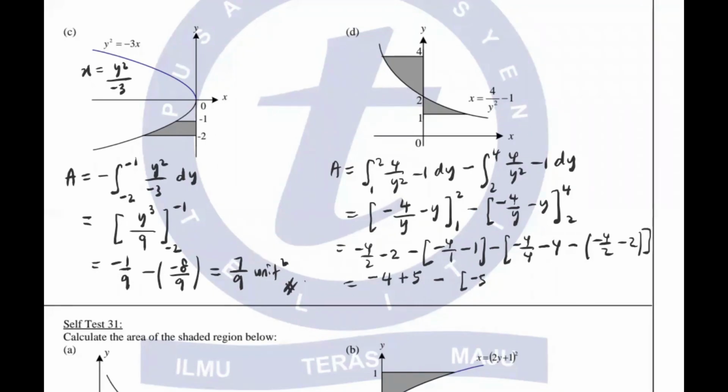And this will be -2 minus 2 with another negative, so it's a +4. So what we're getting here is a 1 minus -1. That means that this area is 1. This area, when you integrate, is negative, but then when you modulus it, or you put a negative in front, it becomes 1. And your total area is just 2.